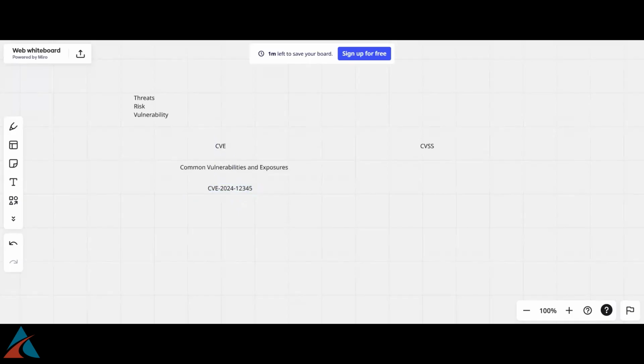So CVE means common vulnerabilities and exposures. 2024 means the year in which this CVE was assigned. Not necessarily that it was exploited in this year, okay? It is simply the year in which it was published. That specific vulnerability was published and reserved for this specific ID in 2024.